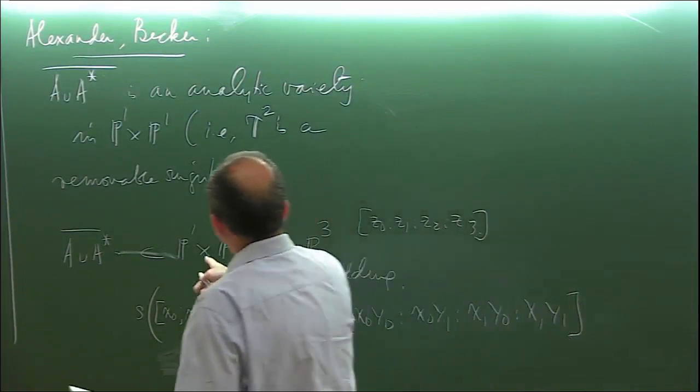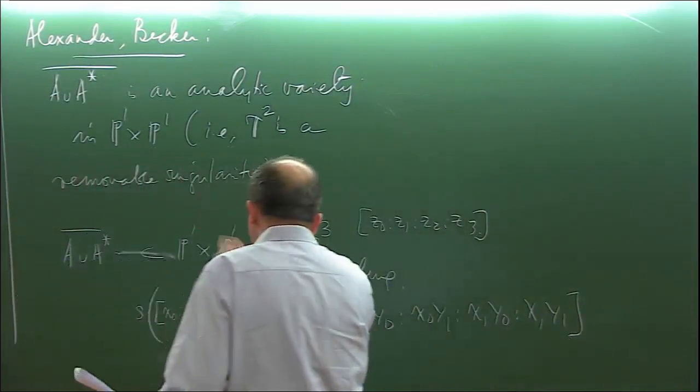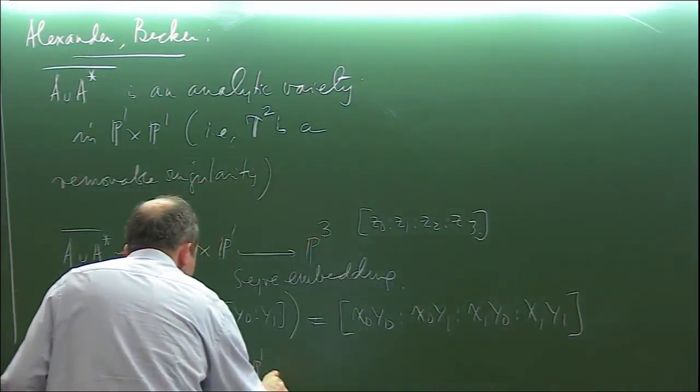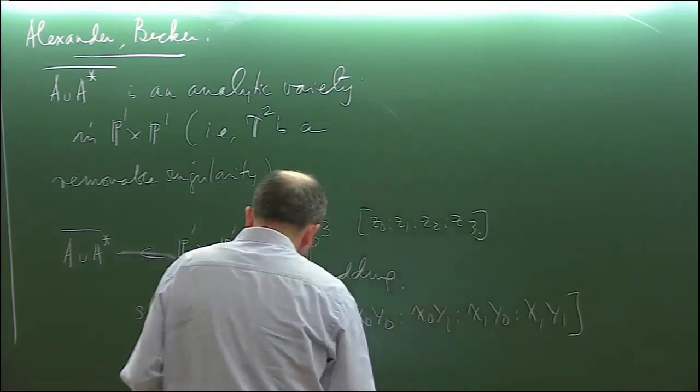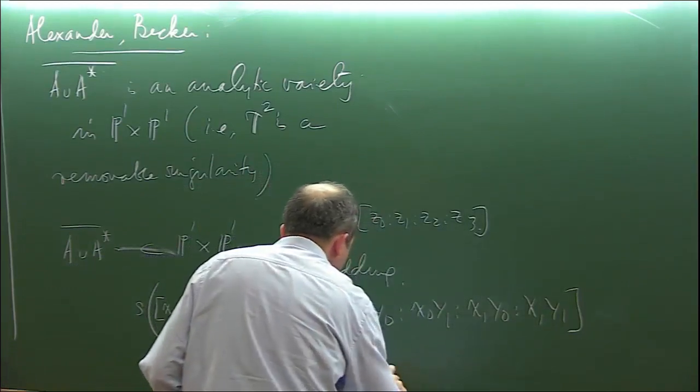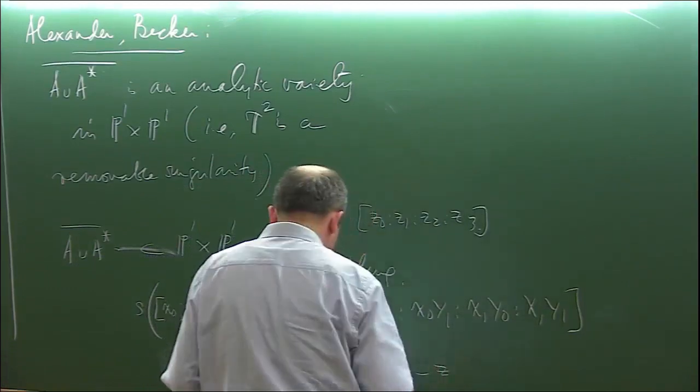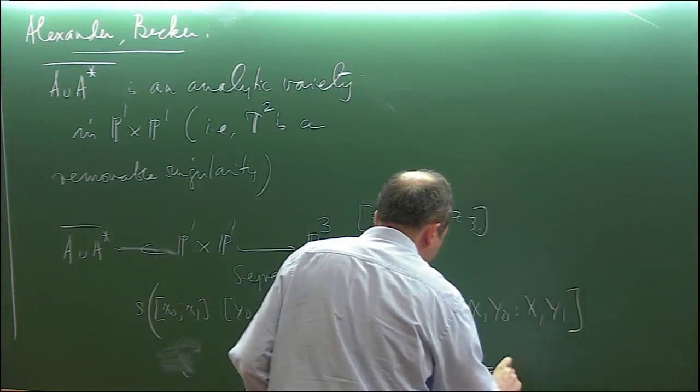So what is the image of P1 cross P1 in P3? Well, that's a smooth quadric. So P1 cross P1, S of this, is described by the following quadratic polynomial.